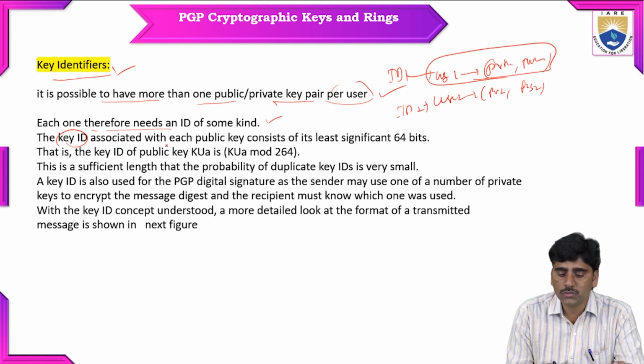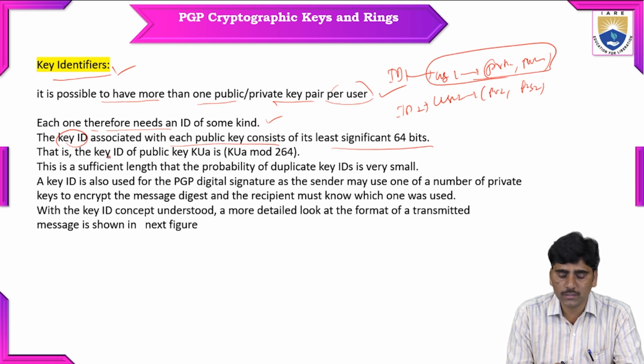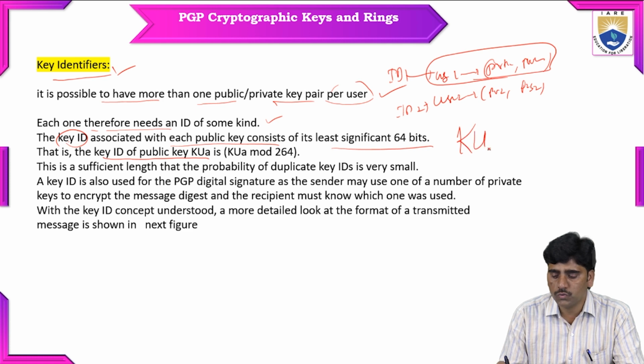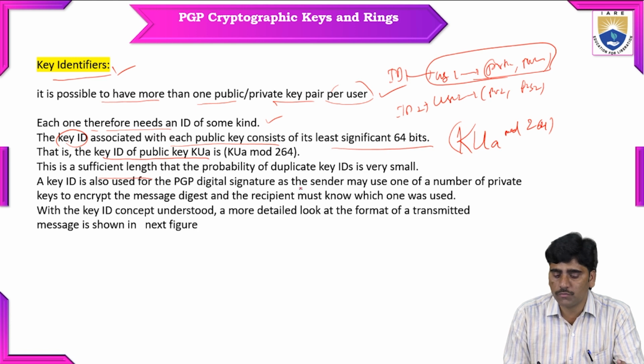The key ID associated with each public key consists of the least significant 64 bits. That is, the key ID of public key KUa is KUa mod 2^64. This is a sufficient length that the probability of a duplicate key ID is very small.